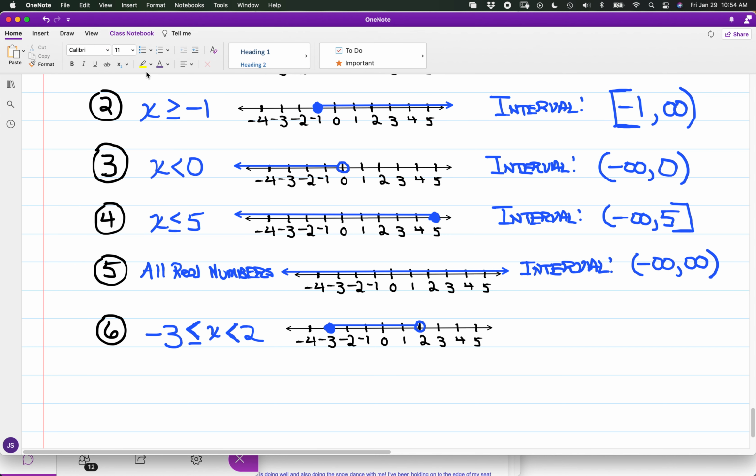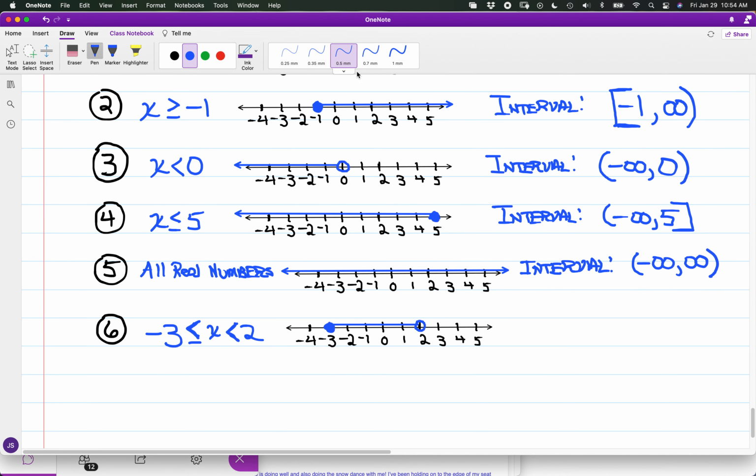And for the interval notation representing this, you have between -3 and +2. And once again, -3 is included, and that's going to be indicated by the bracket.